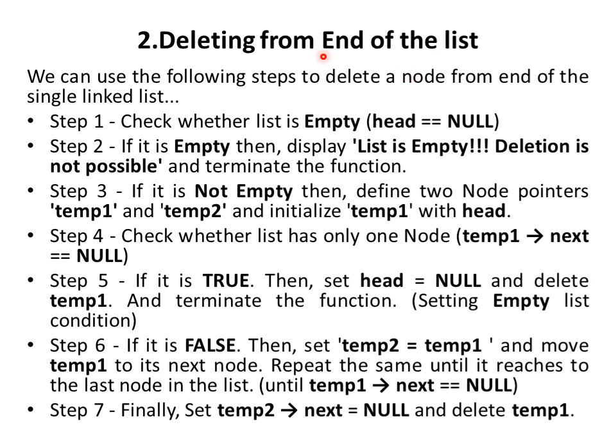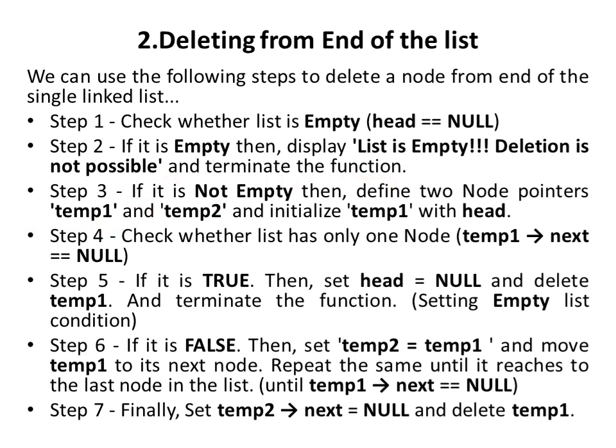Next, deleting from the end of the list. We can use the following steps to delete a node from the end of the single linked list, that is, the rear end. Check whether the list is empty, that is head equals null. If empty, then display list is empty, deletion is not possible, and terminate the function.